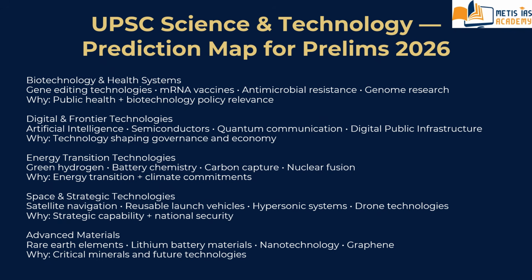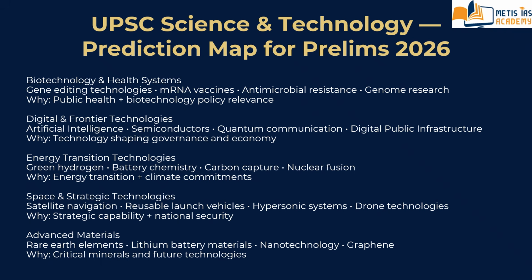UAVs, unmanned aerial vehicles, are now used in agriculture for spraying, surveillance, logistics, and defense, etc. Coming to carbon capture technologies, they are being discussed in climate change mitigation.